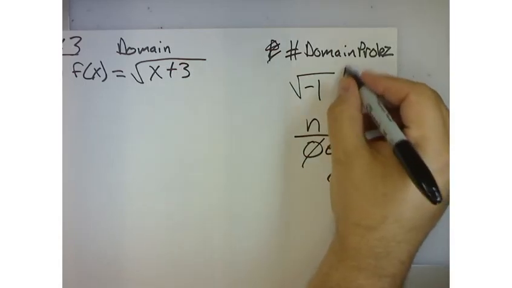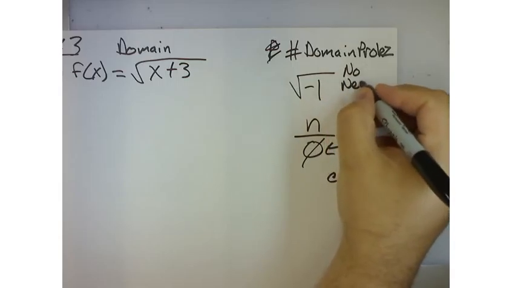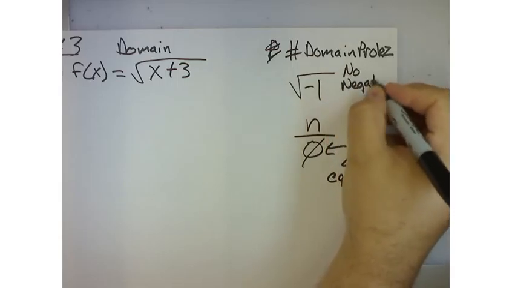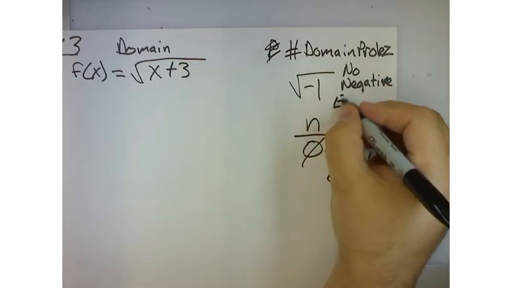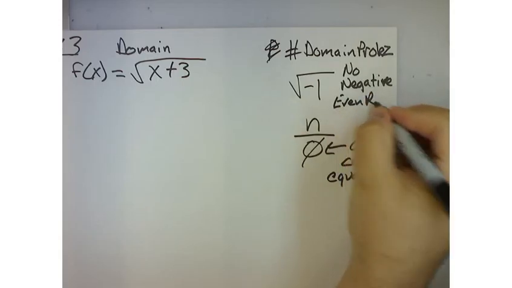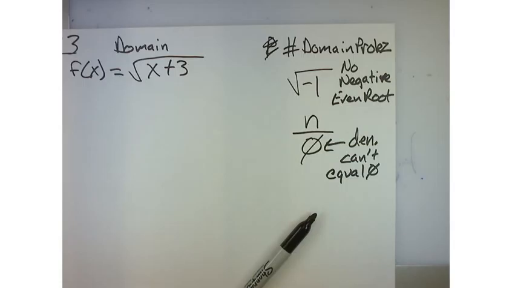And you can't have a negative even root. You can't do it. You can't take an even root. We always say square root, but that applies to a fourth root, a sixth root.